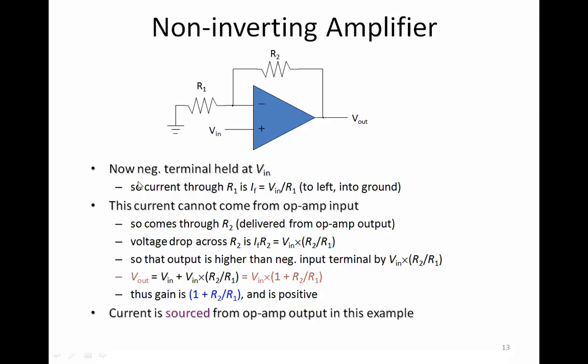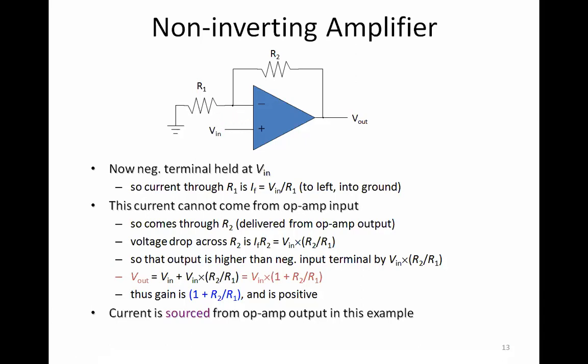Okay, so now the negative terminal is held at V in, which means the negative terminal wants to become V in, because it tries to make sure that both of the inputs are the same. Even if I give 3 volts here, this minus terminal will make sure that it is maintaining at least 3 there.